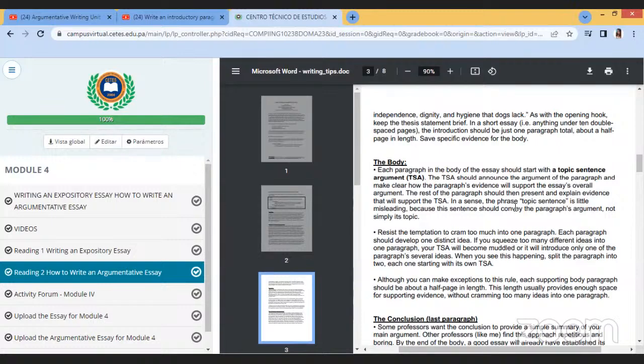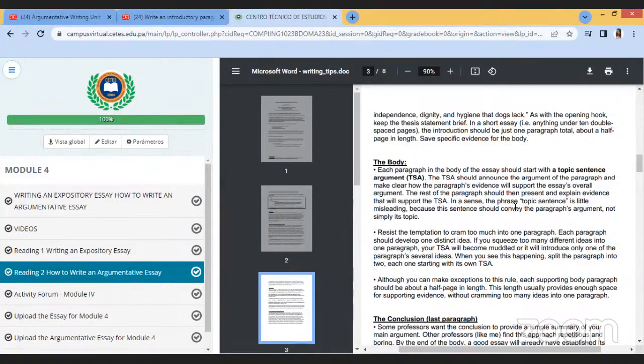Another important point: resist the temptation to cram too much into one paragraph. Each paragraph should develop one distinct idea. If you squeeze too many different ideas into one paragraph, your TSA will become muddled, okay? Or it will introduce only one of the paragraph's several ideas.